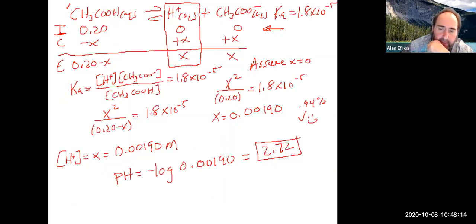This was our no common ion. What do we see in terms of the H plus concentration and the pH? Well, without the common ion there, we had an H plus concentration of 0.0019 and a pH of 2.72.